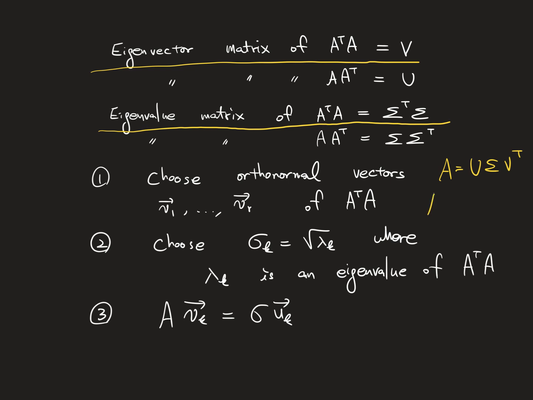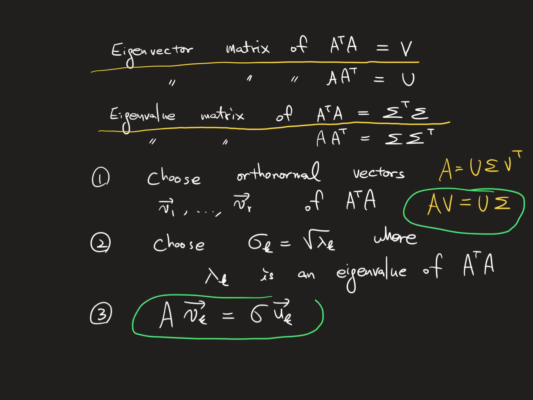What we have is AV is equal to U sigma. From this equation, we can have this relationship. If you just look at the kth column of it, that is this equation.